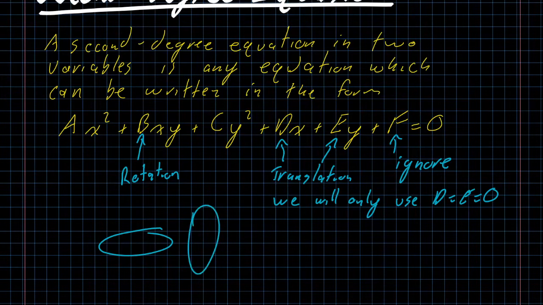You can have an ellipse that's kind of stretched vertically. You can also have an ellipse that is stretched at some other kind of weird angle. Once again, for our purposes, I'm not going to worry too much about that because we're going to just simply choose coordinate systems where that doesn't happen.